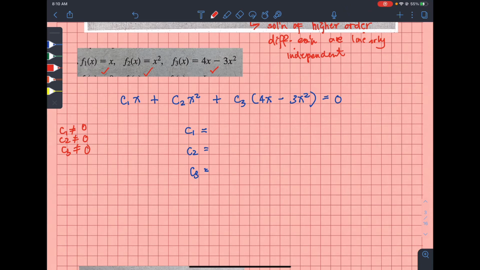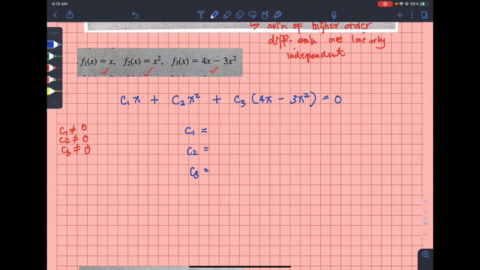On how to do that, since this is algebraic, it would be easy. If I multiply C3 times 4x, that would be 4C3x, given that the 4 will not be absorbed by the arbitrary constant C3.